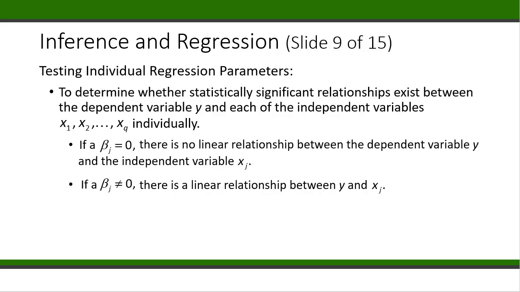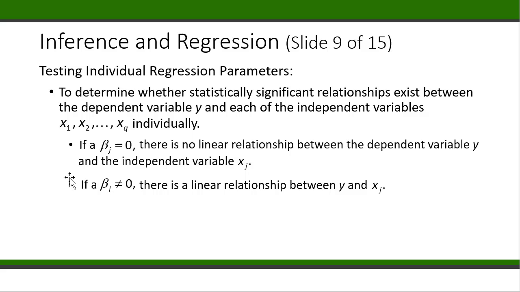So the next thing we will look at is testing individual regression parameters. That is, we want to know if there is a statistically significant relationship between our dependent variable y and our independent variable x. Okay, so is x significant in adding to explaining the variance in y?